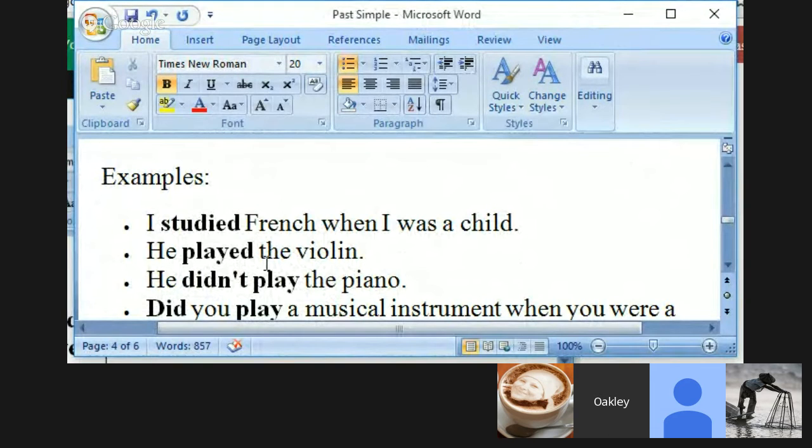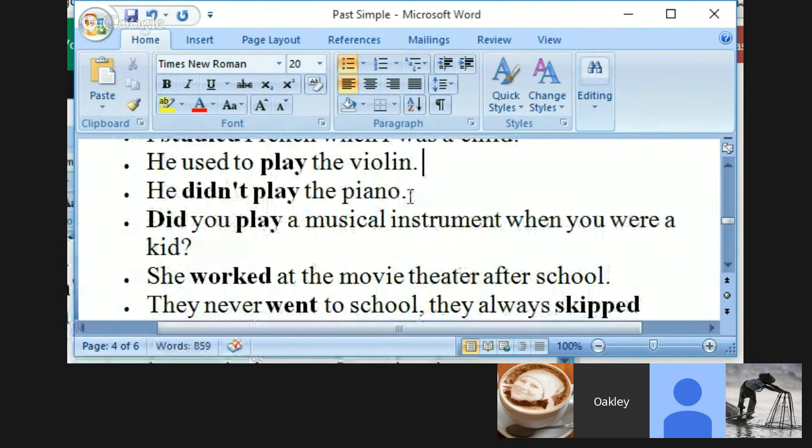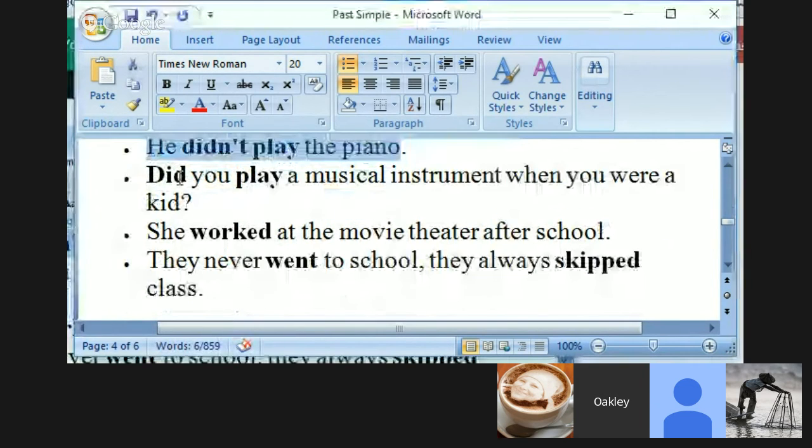Instead, really, what I would do, myself, is say, he used to play the violin. Now it becomes quite obvious that this was a habit and he doesn't do it any longer. Next one is also equally completely ambiguous. I don't really know what you're saying there.